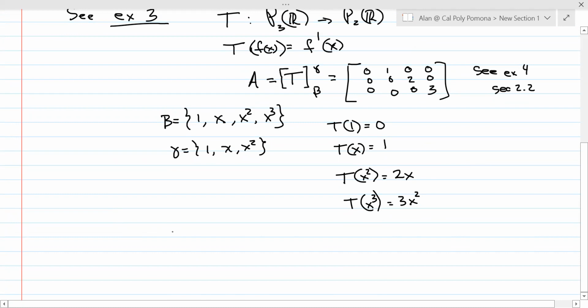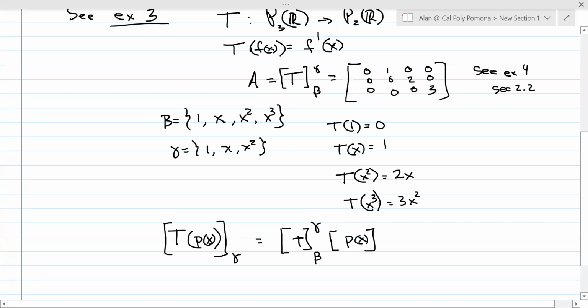Take T of some polynomial and form the matrix corresponding to that in the gamma basis. And that's equal to this thing, beta to gamma, times what you get when you take the polynomial p of x and formulate it in basis beta.